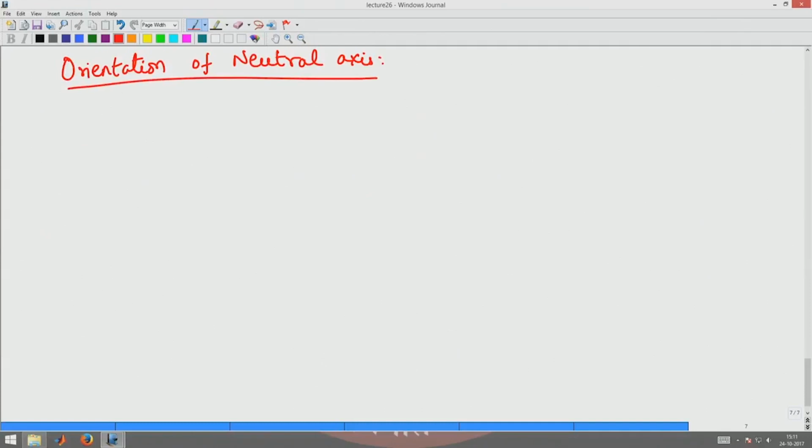We saw that the neutral axis is the axis about which the stress is 0.